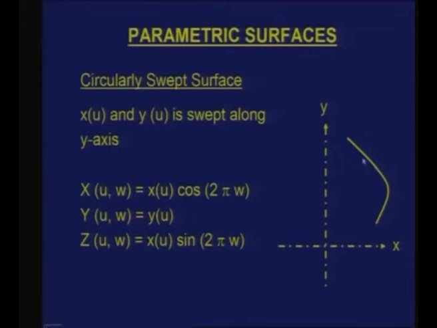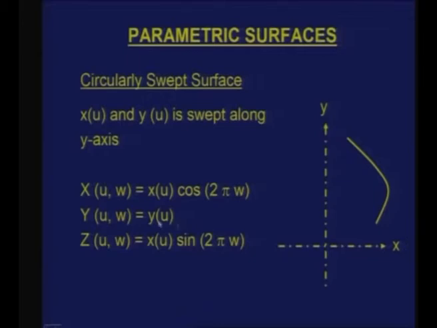As I am sweeping, the x coordinate actually moves towards the center, then goes in the other direction and comes back. So, the variation is more in the form of a cos of a function. So, this is the x coordinate of the point of the curve multiplied by cos of this particular function. If I have any point with a y coordinate on this curve, and I am sweeping along the y axis, then the y coordinate does not change, because the height of any point from the x axis remains the same.